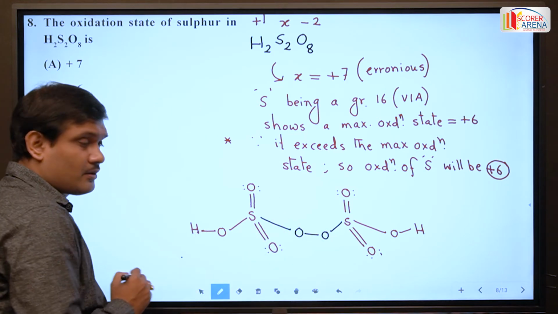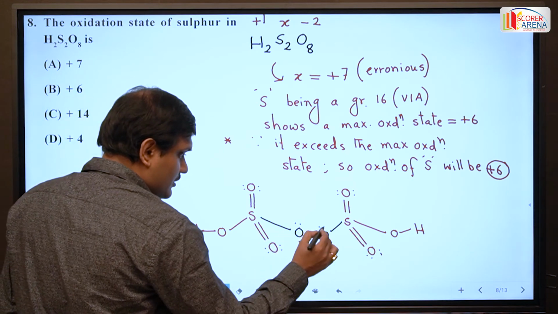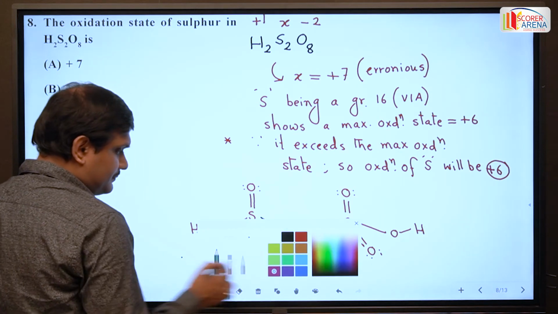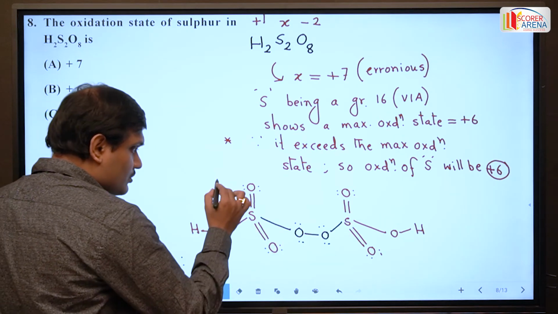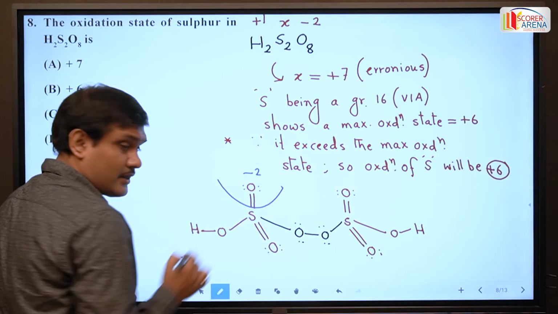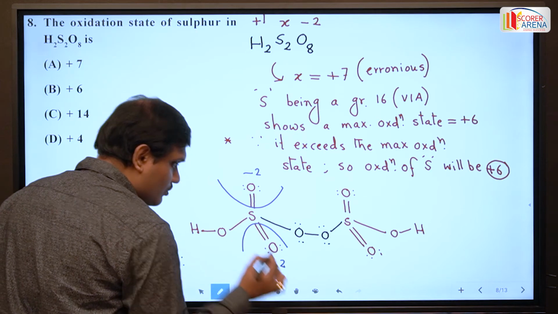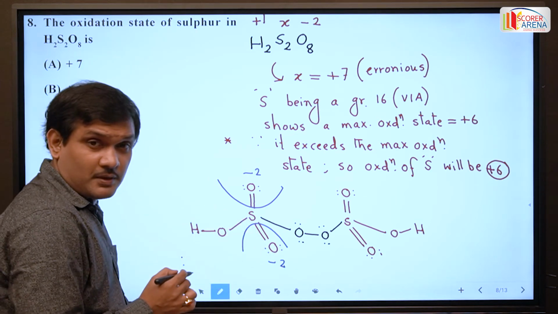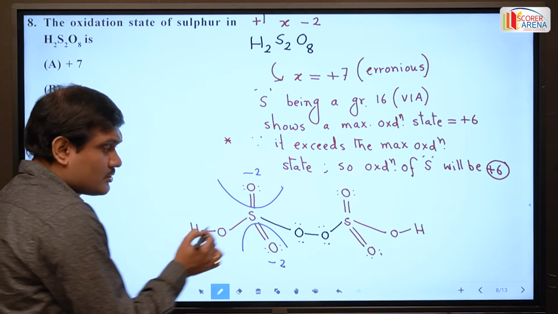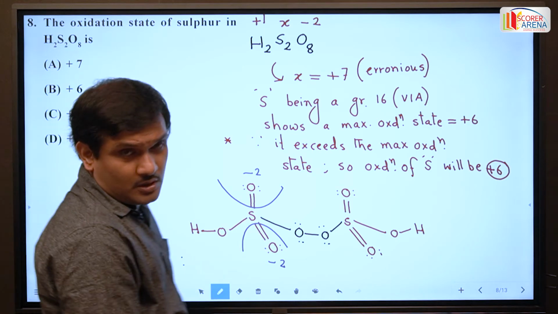Now if you find out the oxidation state in this case, you will get the value like this. Oxygen will be removed as -2, so here sulfur gets +2. Again this oxygen will be removed as -2, so sulfur becomes +4. OH will be removed as OH minus, sulfur again gets +1, so it will be +5.